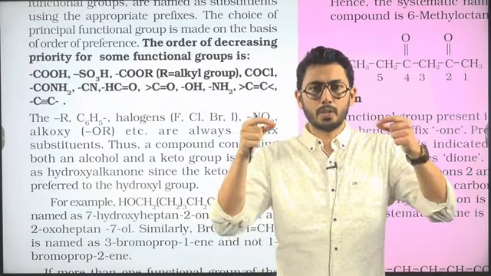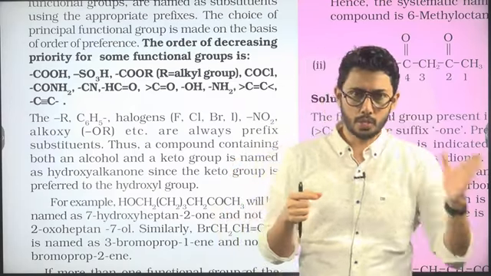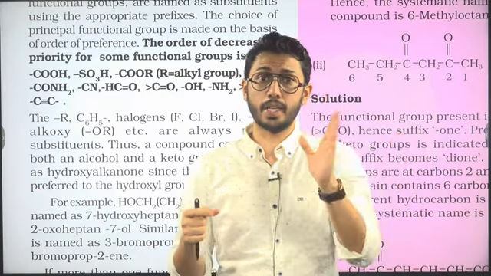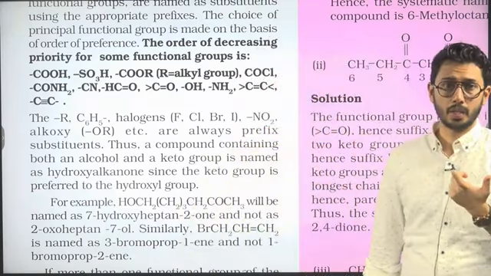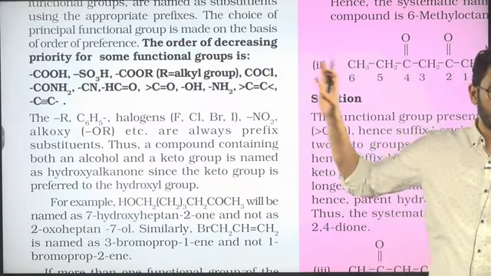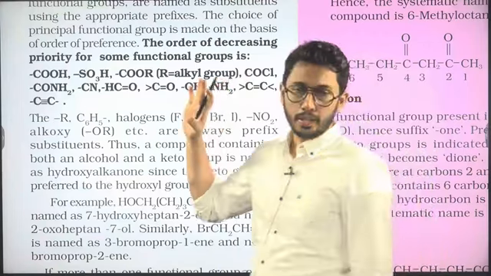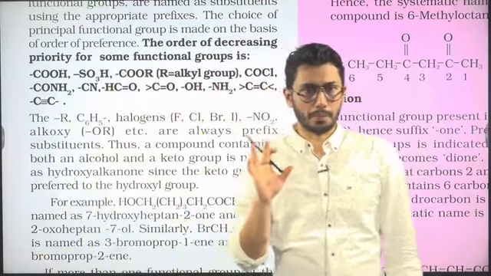If multiple functional groups are there, then out of them, one has to be the senior functional group, which is the secondary suffix. Other functional groups become prefixes. So that learning is required for the seniority order. Clear? Then only polyfunctional group questions we can solve.